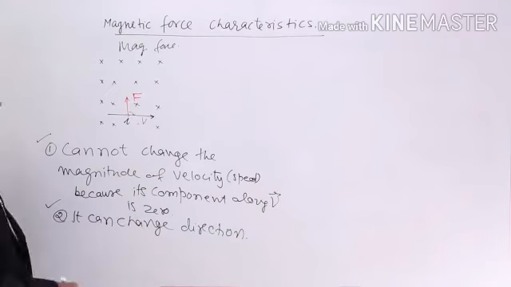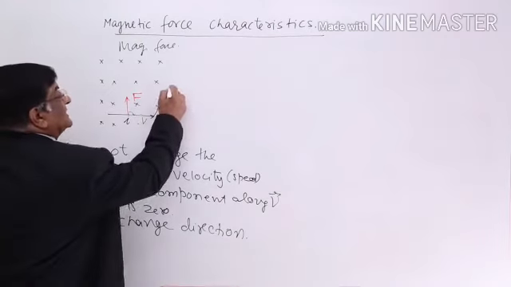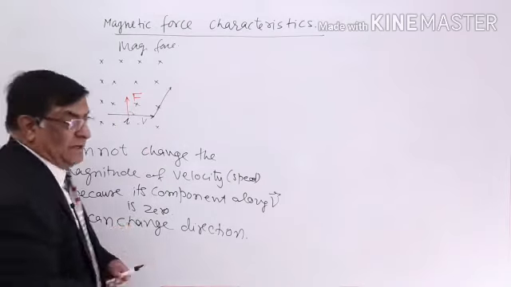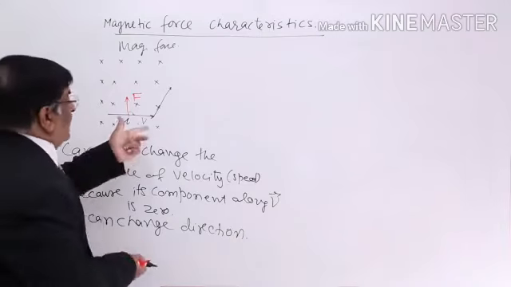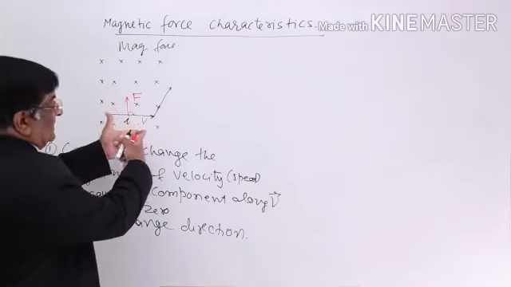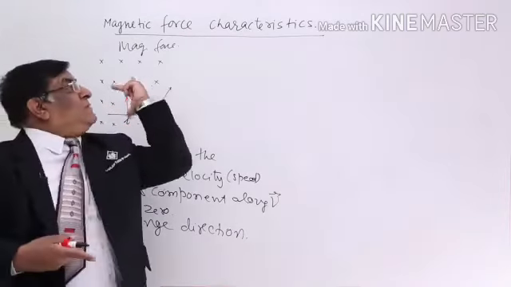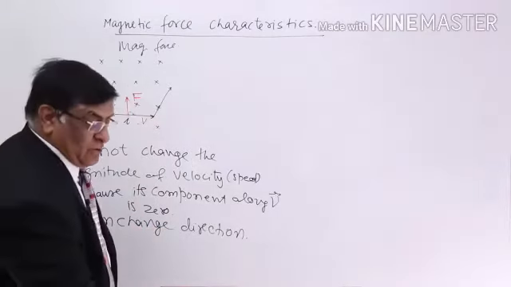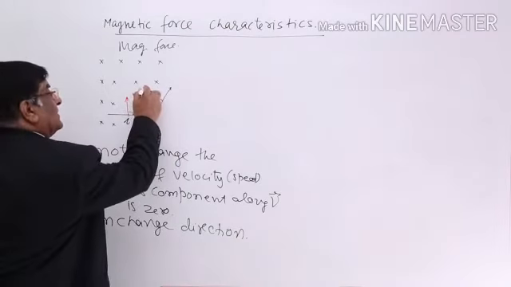If this direction is changing and this becomes like this, then the force is always at right angle to velocity, and in this case the force will automatically change. See, if this was velocity, this was force. If velocity has become like this, the force will also become like this. If velocity has become like this, the force will become in this direction. So force is always at right angle to velocity here.